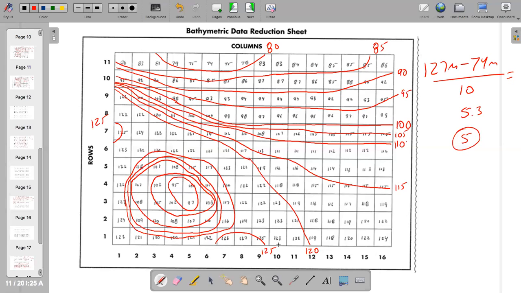And not only that, but from the ocean floor here, it then rises up to be more and more shallow. So this is the shallowest place on the map. It's 74 feet, and the seafloor drops off, and it's flat down here, and there's a seamount. So circles can be seamounts that are like mountains that come up. The circles can also be depressions on the ocean floor, like a trough or something like that.